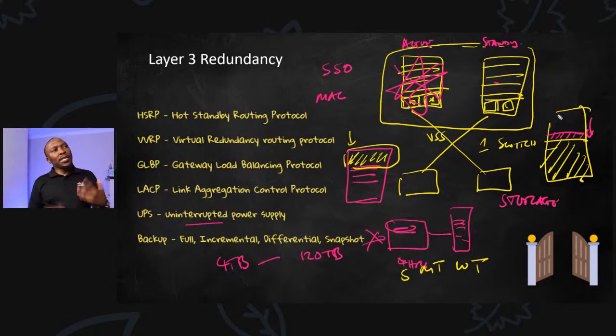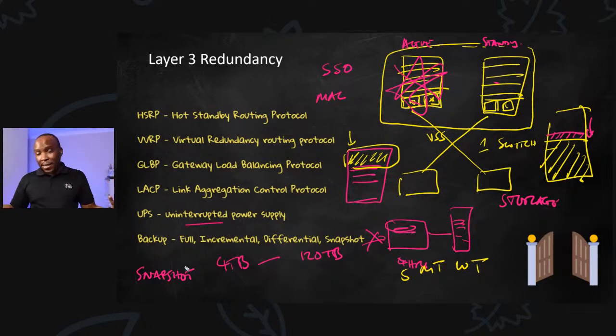And the most exciting one that has come through as a result of virtual environments is something known as a snapshot. And a snapshot is a point of truth at any given time of a system. So right now, I'm talking to you. If I were to snapshot my PC, it means that it's going to get a timing moment of my PC right now. And if anything was to happen, I can restore back to that particular point.